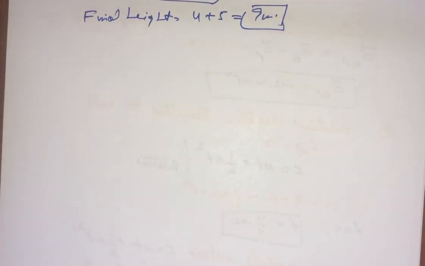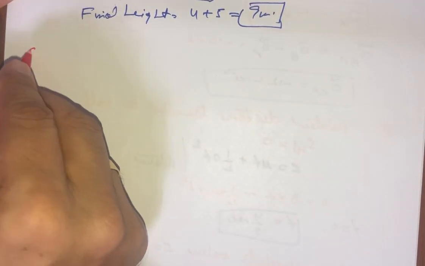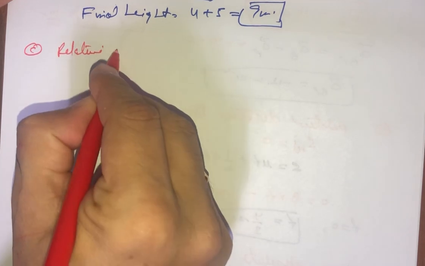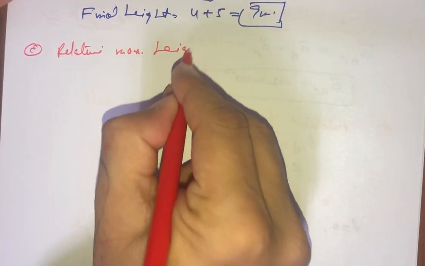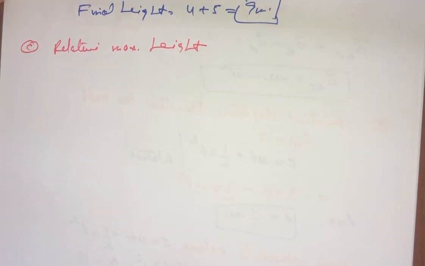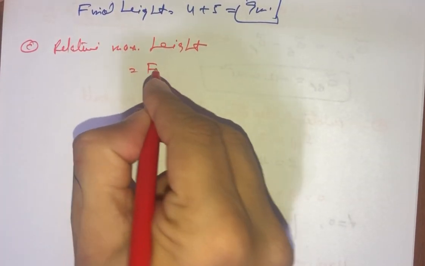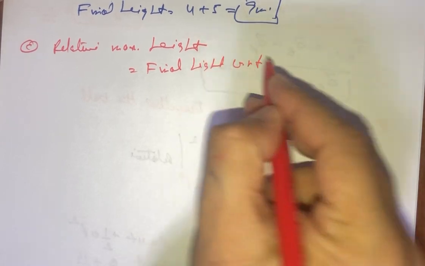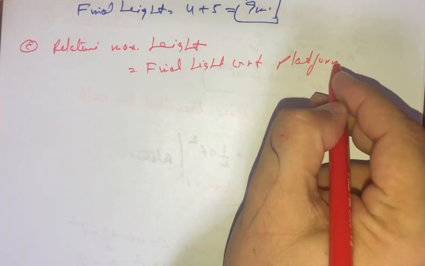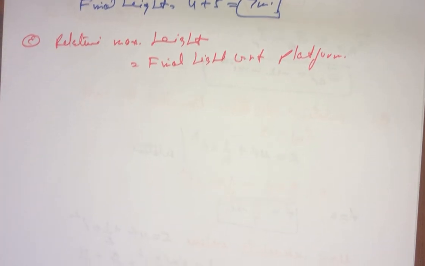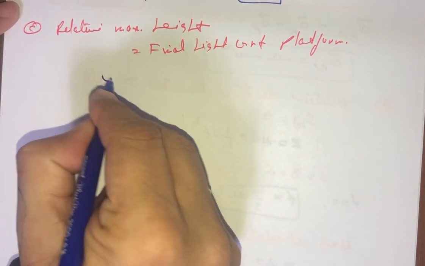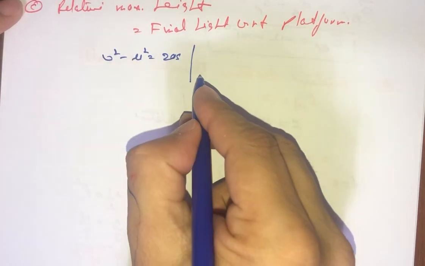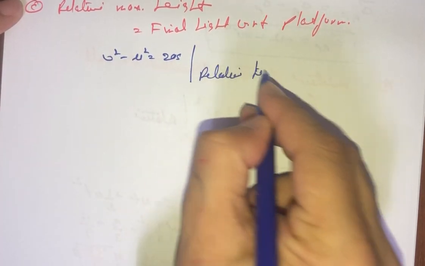And the last part, C, we are supposed to find out the relative maximum height, which basically means the final height with respect to the platform. The formula we are once again going to use is v square minus u square is equal to 2as, but it will be relative to the platform.